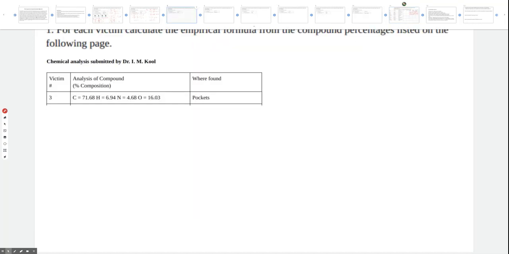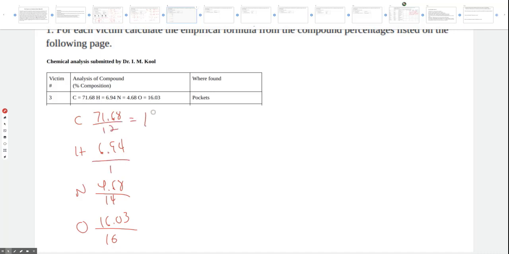Back to victim number 3. Only one compound here found in their pockets. Carbon 71.68, hydrogen 6.94, nitrogen 4.68, and oxygen 16.03. Divide by molar masses.